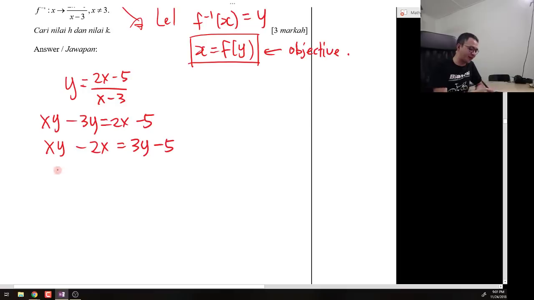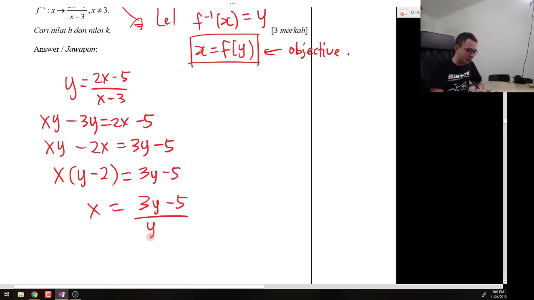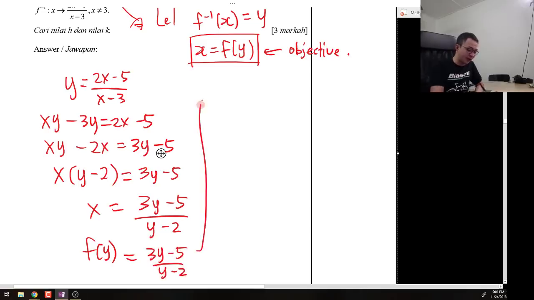And then I factorize out the x because I want to make x the subject. Alright, so what is my x? My x is f(y), right? So I have 3y minus 5 over y minus 2. So therefore, what is my f(x)? It will be 3x minus 5 over x minus 2.